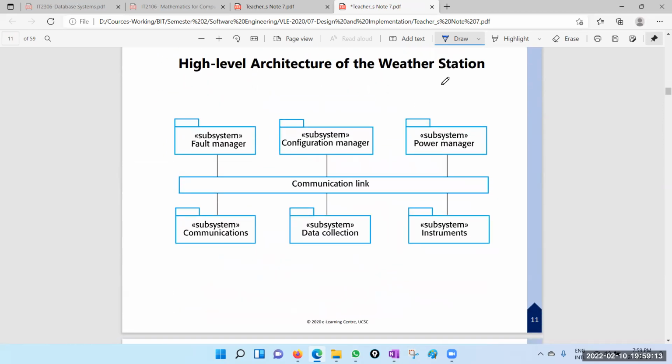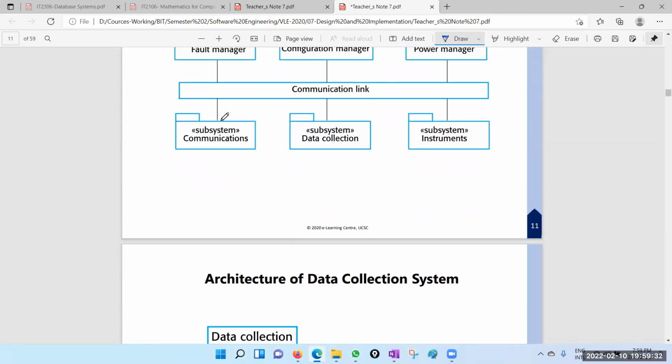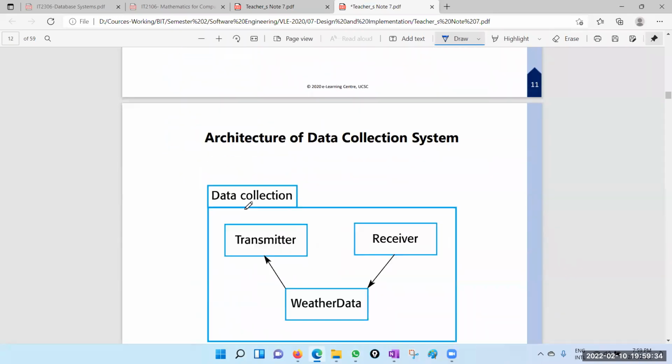So this is just an example they have given, right? They have taken a weather station as an example, and for that they have come up with a modular package diagram. Okay, right. So this is one package. You can look at it as the sub packages. Okay.